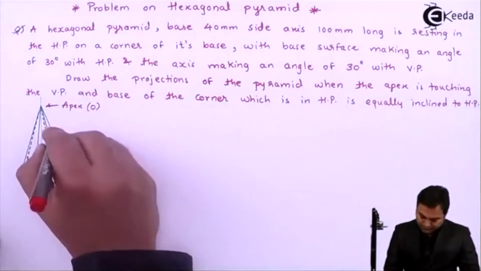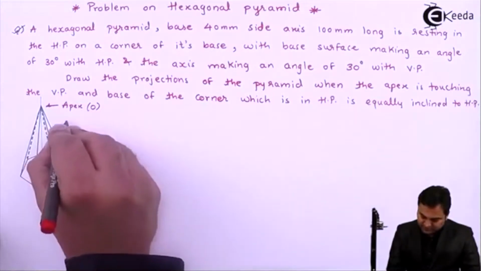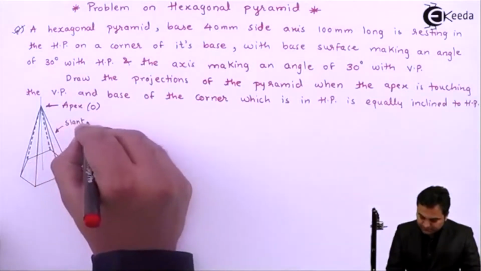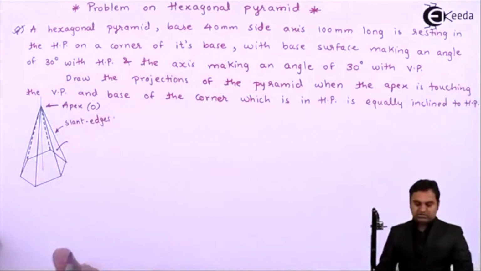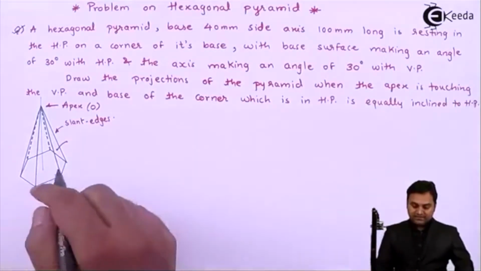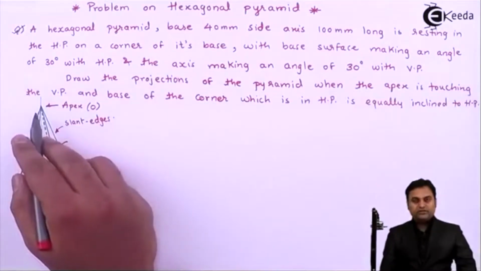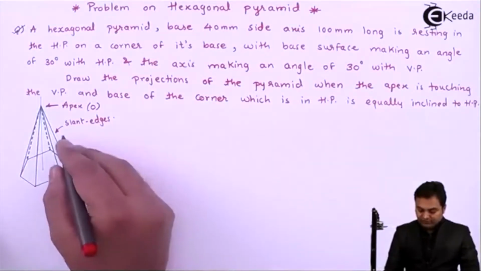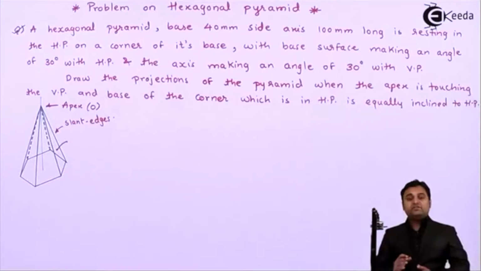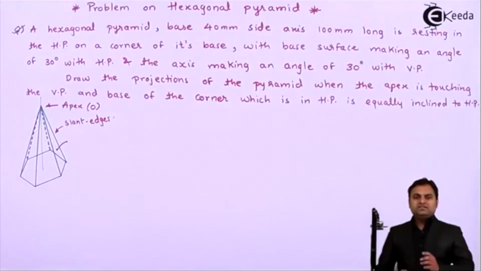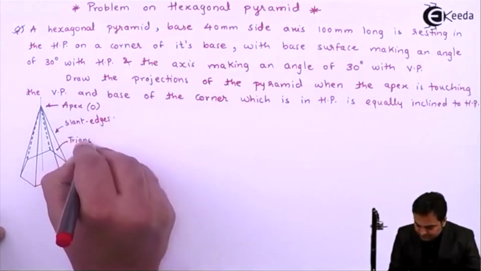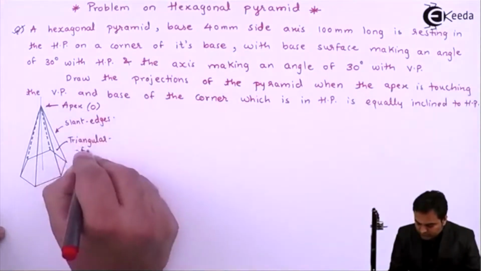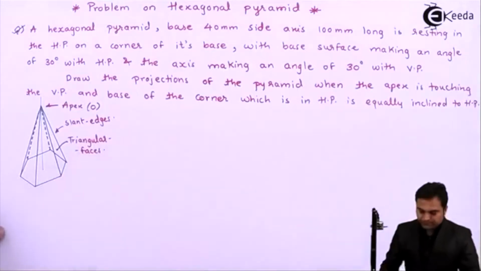Then it will have 6 slant edges, and those slant edges, as they are connected to a common vertex called apex, they are forming triangular faces. So in case of a hexagonal pyramid, there are 6 triangular faces. So these are the triangular faces.